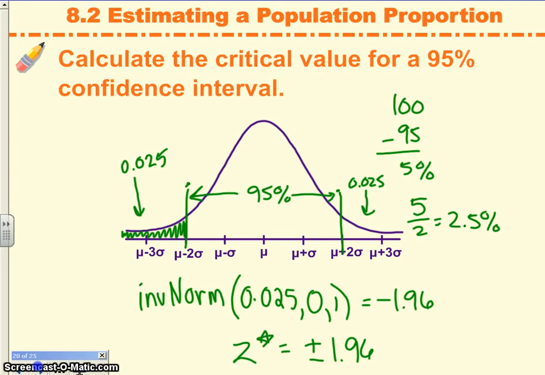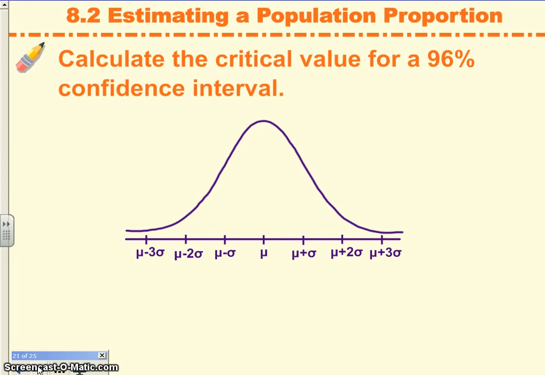Let's do another one. Calculate the critical value for a 96% confidence interval. If I want 96% of my data centered at the mean, again, I know I'm going to be about 2 because that's 95%. But let's look at 96.